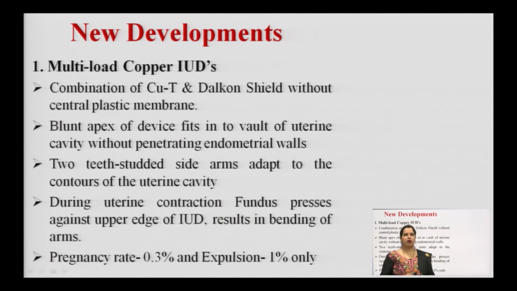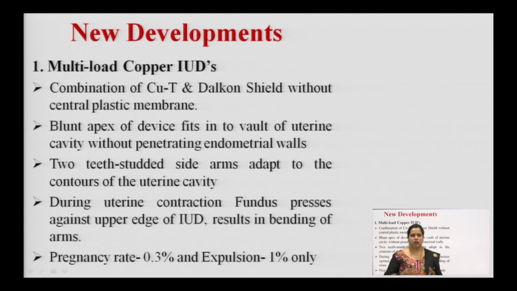Now, the blunt apex of the device fits into the vault of the uterine cavity without penetrating the endometrial walls. So, without causing any discomfort or inflammation to the endometrial walls, it may easily fit to the area. Two teeth-studded side arms adapt to the contours of the uterine cavity.